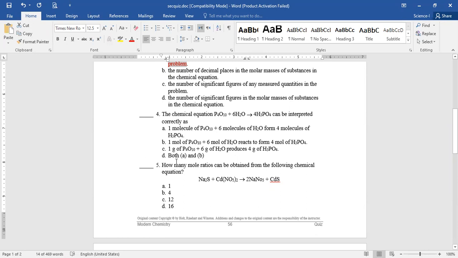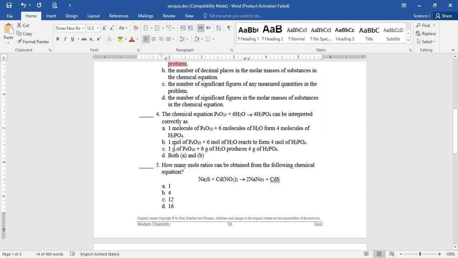C. Okay, so 1 gram of P4O10 or tetraphosphorus decoxide. Sorry, I meant both A and B. Deduce just 4 grams of H. So both A and B. So 1 mole and 6 moles of H2O forms 4 molecules of.